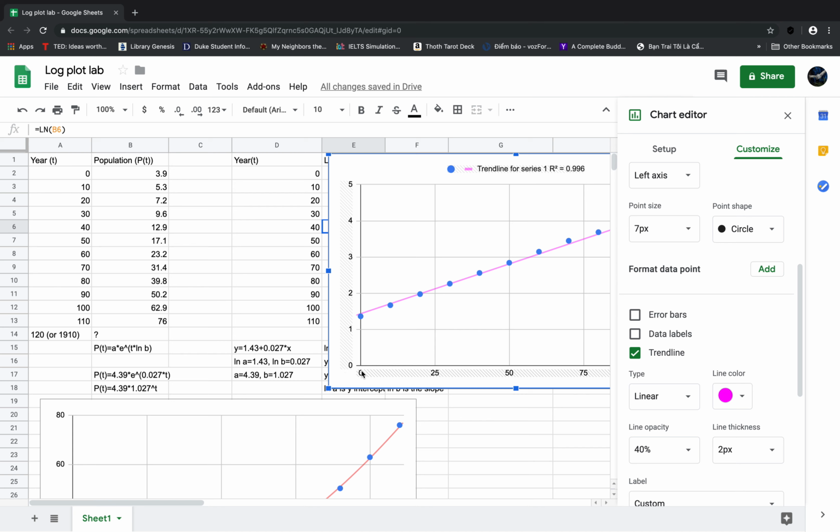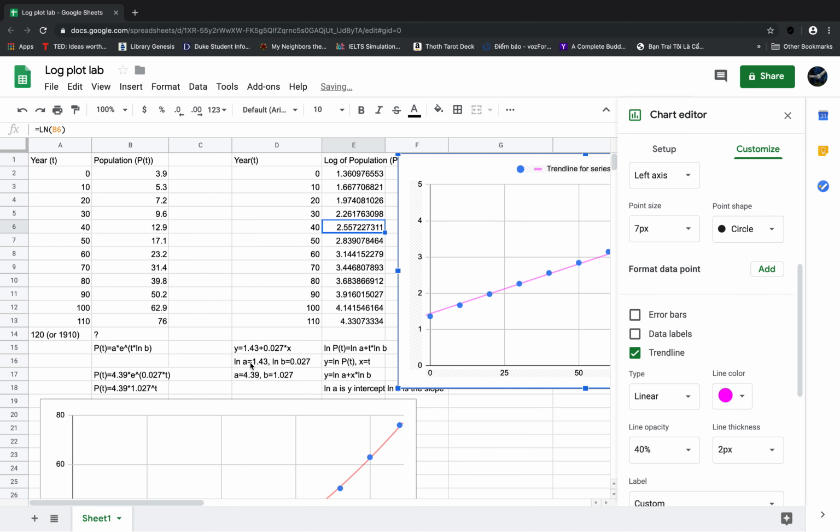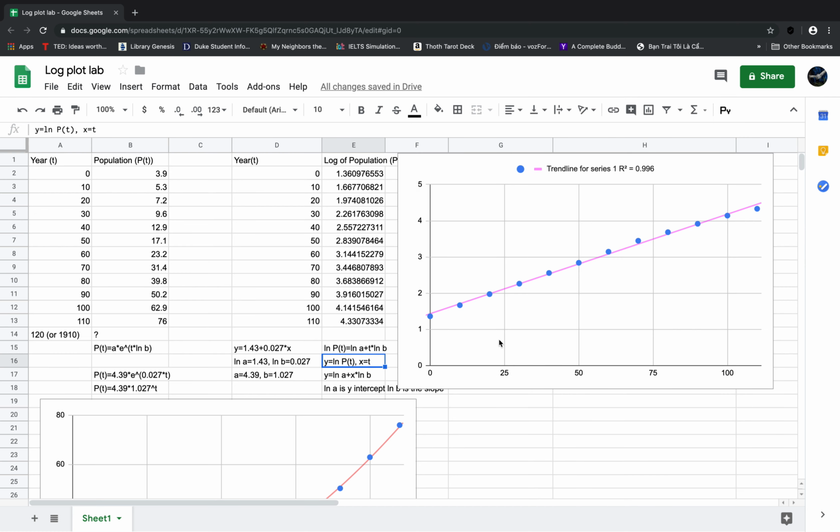The x-axis is from 0 to 25, while the y-axis is from 1 to 5. So that's why this one looks steeper than it actually is. Okay, so we find the line. We found the y-intercept and the slope. So the y-intercept is 1.43 and the slope is 0.027.